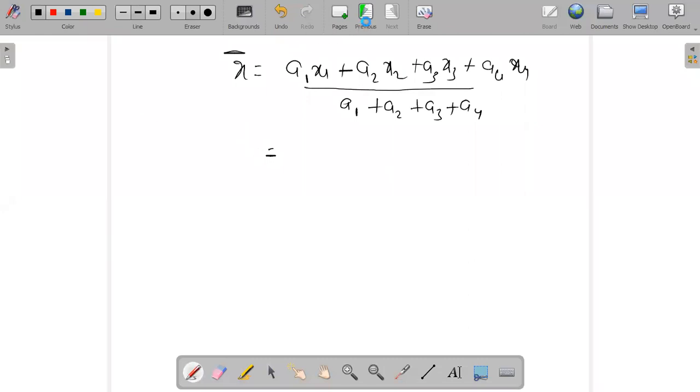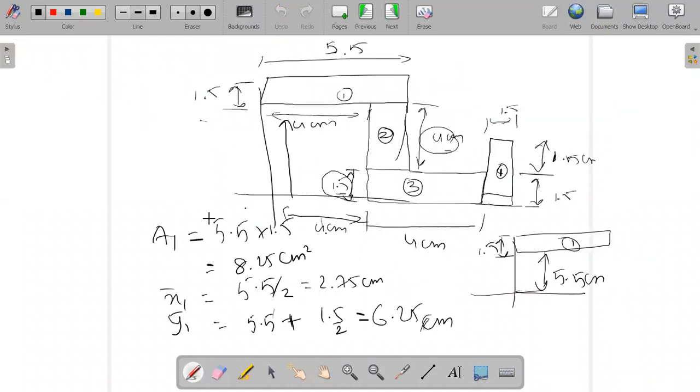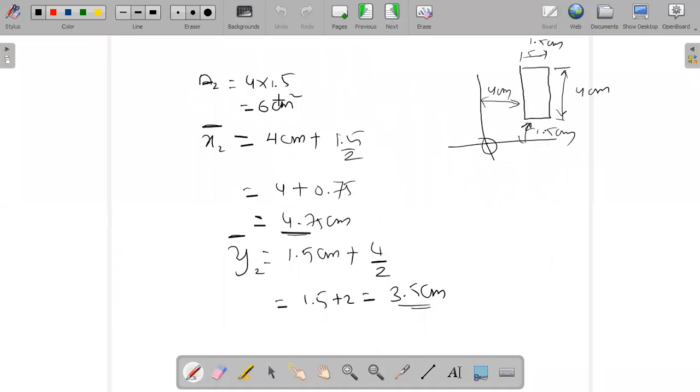See, first you note down these values. What is the A1 value I got? A1 value I got as 8.25 and x1 as 2.75. Please note down these values first. Y bar is equal to 6.25 centimeter. Correct? 8.25, 2.75, 6.25. A2 is equal to 4.75.